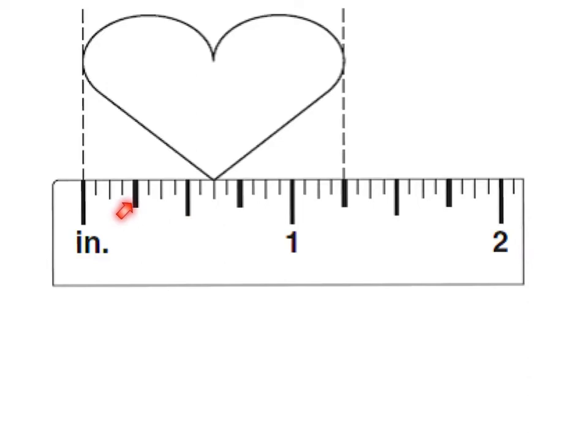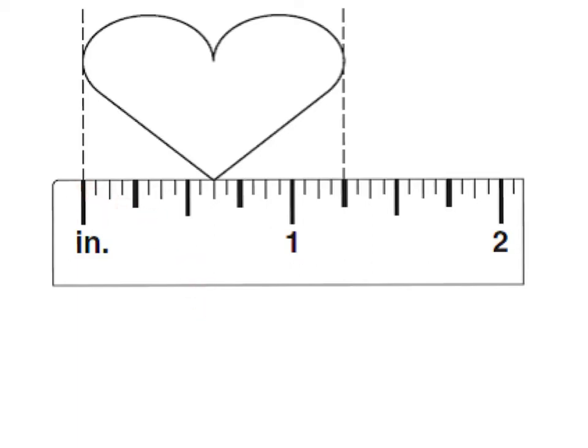The next smaller mark is right between 0 and 1/2. So that's a quarter of an inch. So everything that's marked this size is a quarter of an inch. So this is 1/4. This would be a half. That would be 3/4. The next smaller size is an 1/8, and then followed by a 1/16 for the smallest.